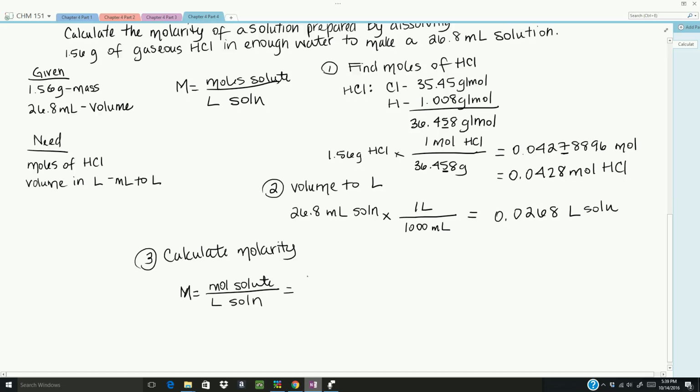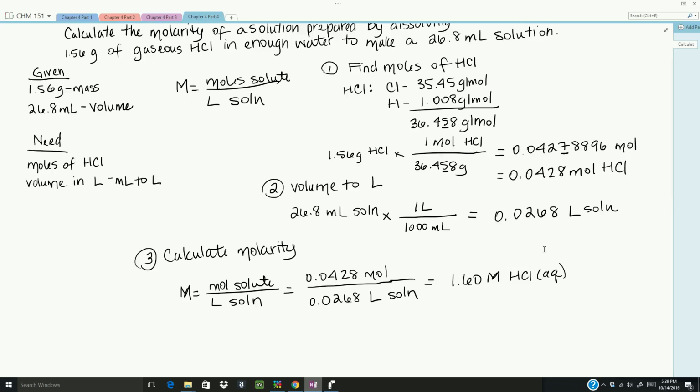We have 0.0428 moles of our solute divided by 0.0268 liters of solution. When you do the math, you get 1.60 molar HCl. And again, this is aqueous because it's in water. Okay, so that is how you would calculate a concentration if you were calculating molarity.